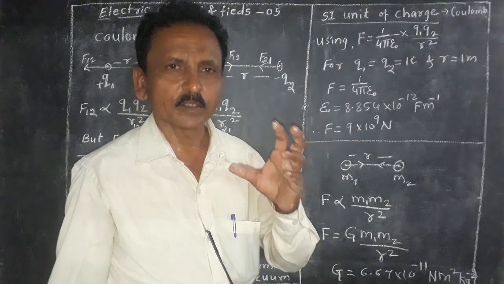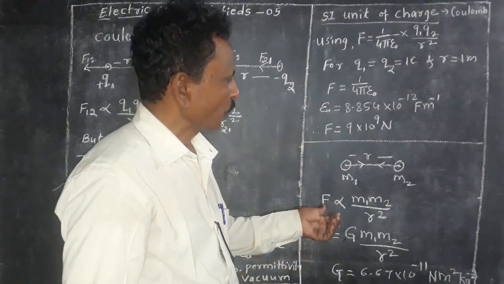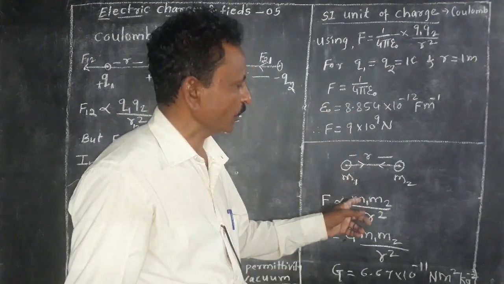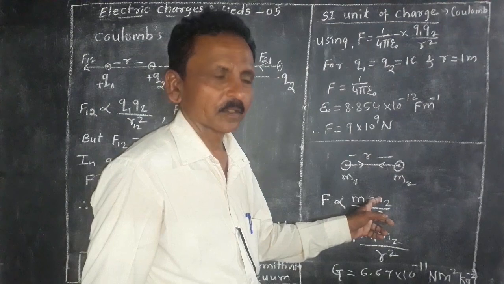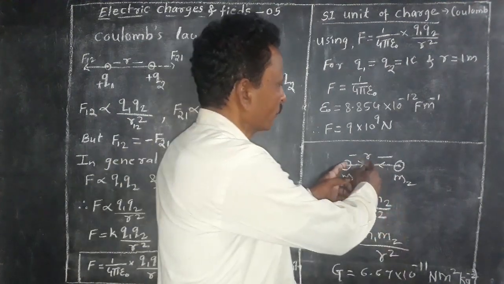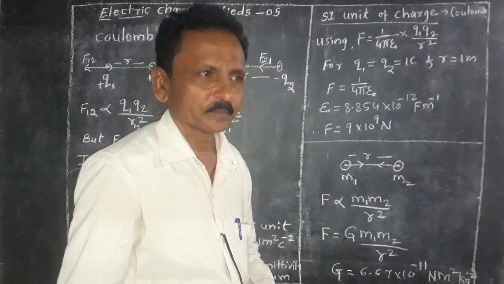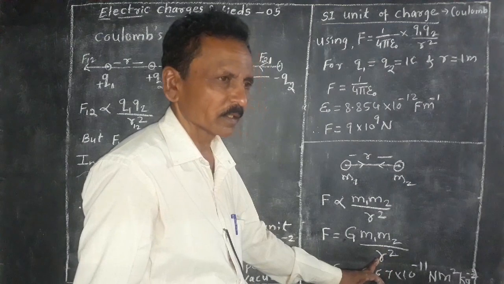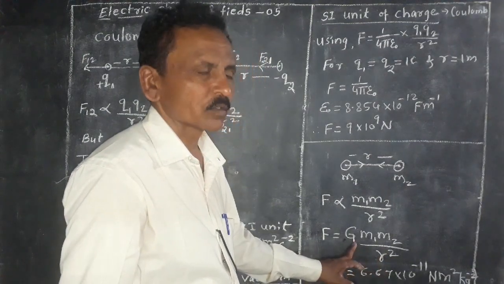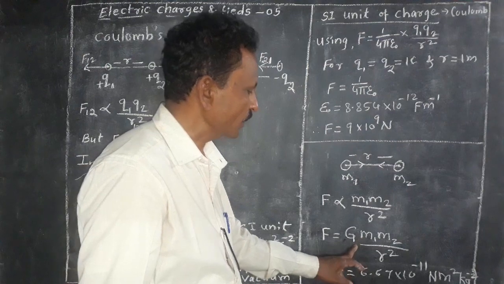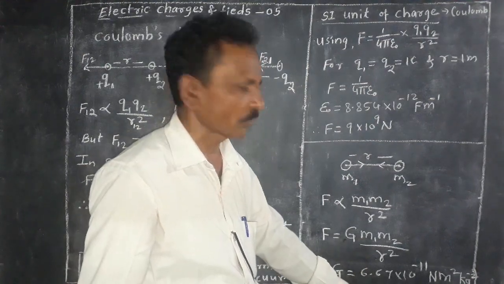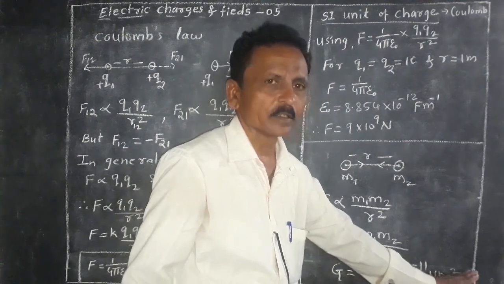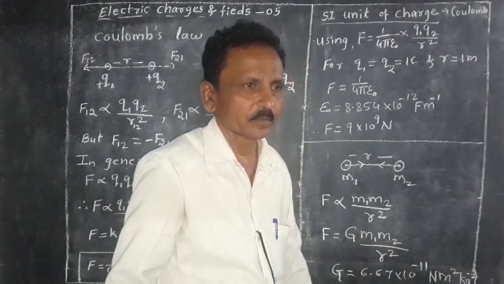According to Newton's gravitational force, the force between two bodies is directly proportional to the product of their masses and inversely as the square of the distance between them, or F equal to G into m1 m2 upon r square, where G is the constant of proportionality and its value is 6.67 into 10 to the power minus 11 Newton meter square per kg square. You have studied this in the first year.